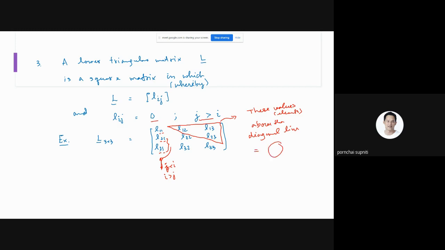So this is what we call a lower triangular matrix. It's a square matrix where any values above the diagonal line are all 0.